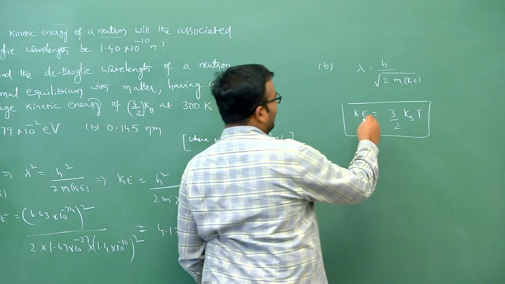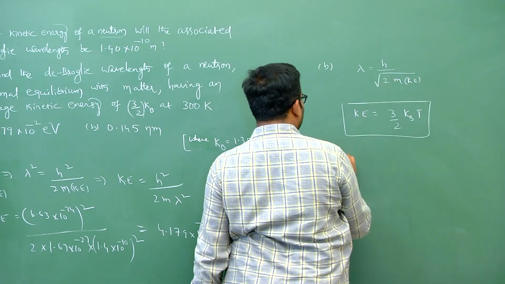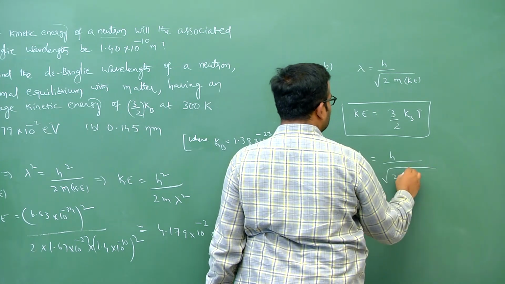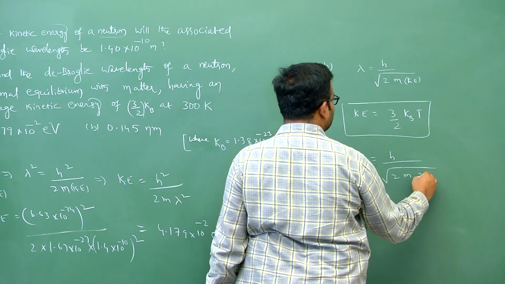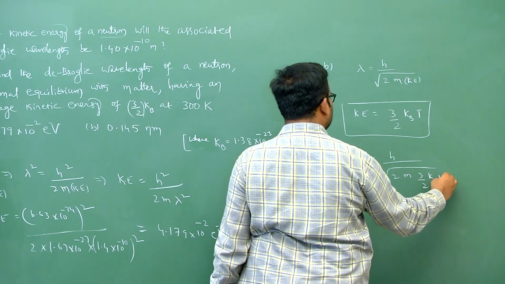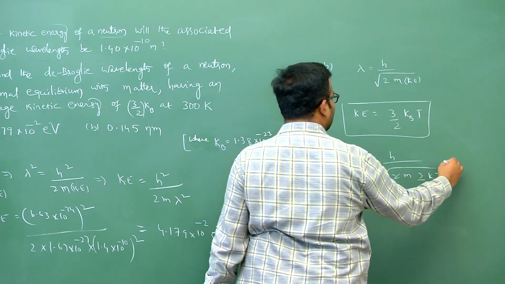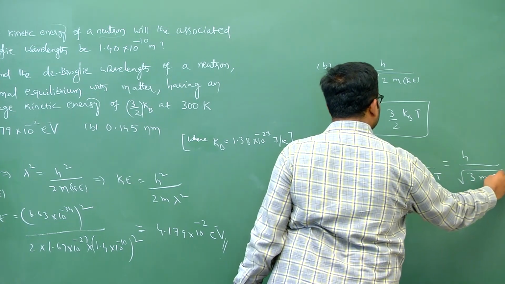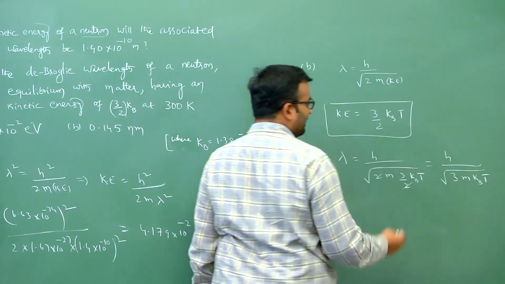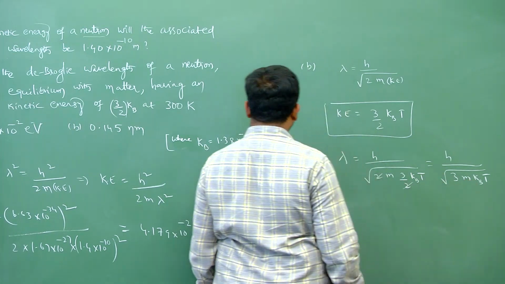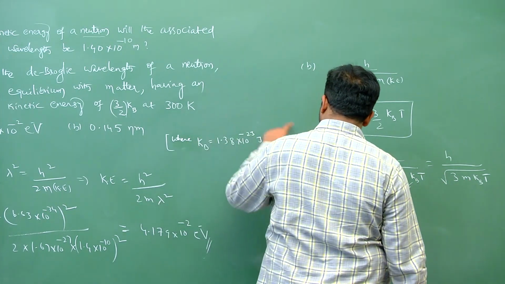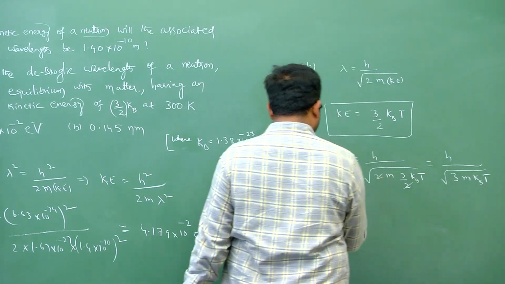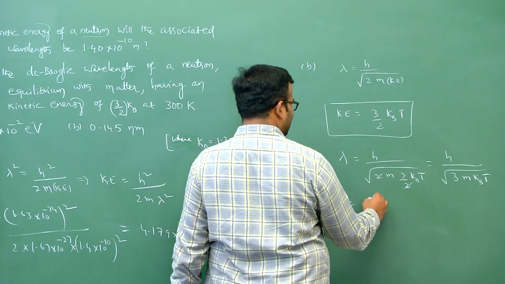Replace this KE value in the basic formula, then you will be getting lambda as h by square root of 2m, KE value is 3 by 2 kB into capital T. The 2 gets cancelled, and you will get one more form, h by root over 3 m kB T, where k subscript capital B is the Boltzmann constant, whose value is 1.38 into 10 to the power of minus 23. Okay, and here let me go with substitutions.